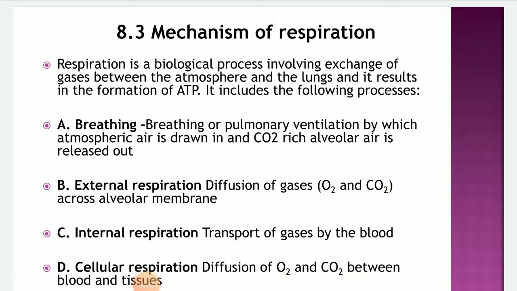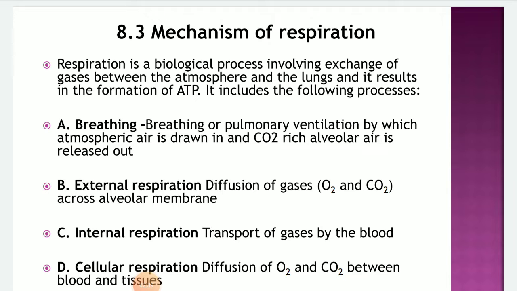So the entire process, that is mechanism of respiration, is divided into four parts. First is breathing. Second is external respiration, where there is exchange of gases between the blood and atmospheric air. Third is internal respiration, that is transport of gases. And fourth is cellular respiration, where exchange of gases takes place between blood and tissue.